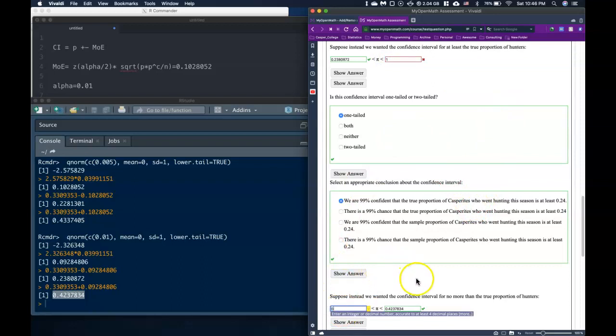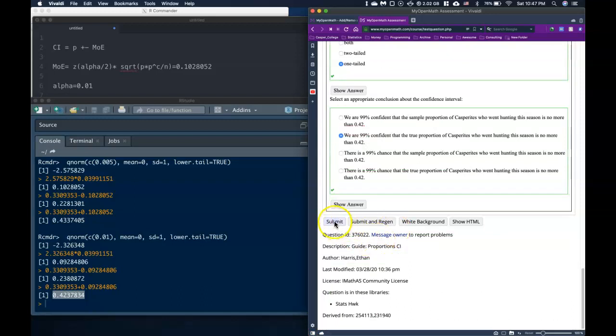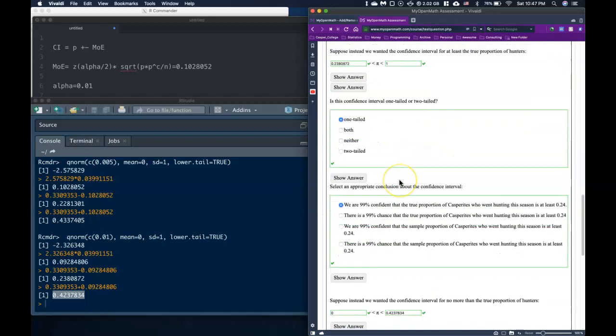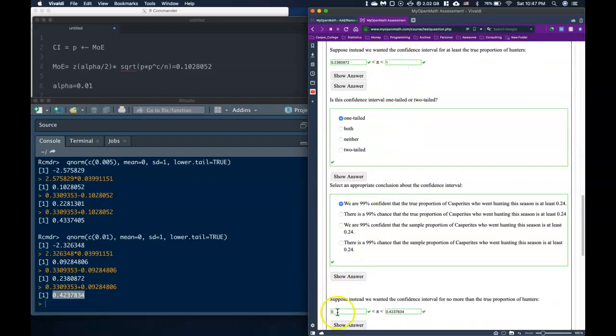So when we are doing our one-tailed confidence intervals, we use a 1 or a 0 based upon which direction we are going. If we look at that again, we now see that we have the correct answers. So it's important to know that when we are doing one-tailed intervals, unlike with means, we can set the maximum at 1 and the minimum at 0.